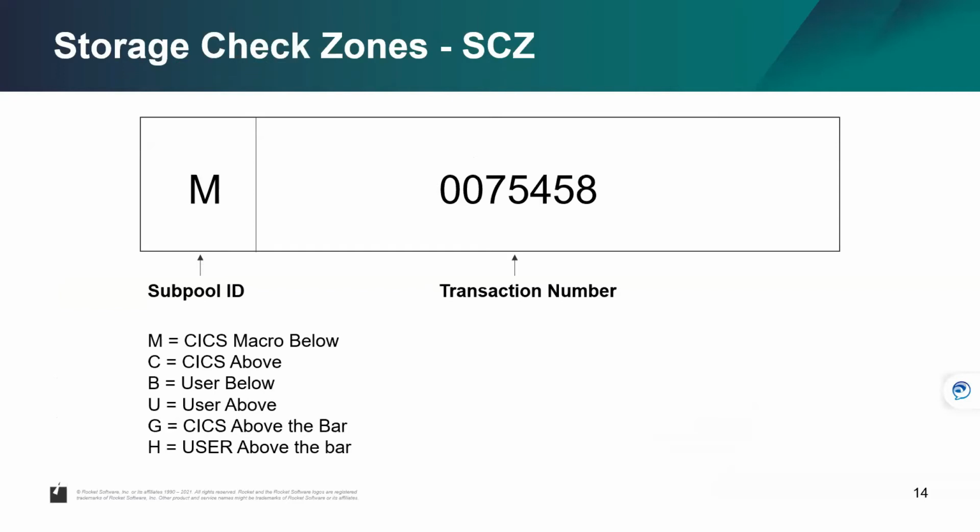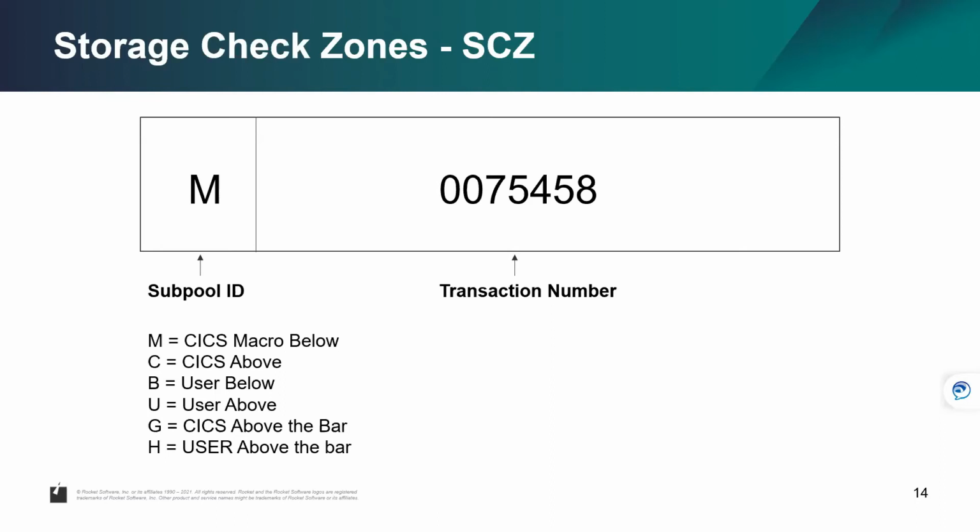So M and C are for CICS storage. B is user below the line, right? If you're using any user storage below the line, U is for user above the line. And then finally, we added the new ones for above the bar. We have G for the grande CICS above the bar, and H, I have no idea how they came up with the letter H. It's probably only because it comes after G, okay? And that's user above the bar, right?